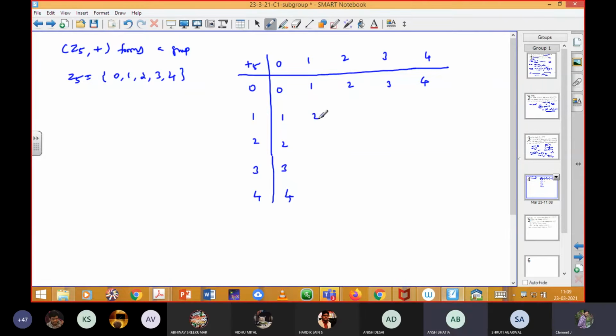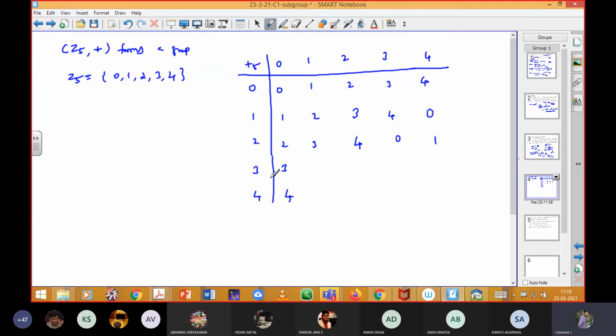So 2. Very good. Next 3, then 4, and then 0. Very good. After this 3, 4, 0, 1. Here 2 plus 4 is 6, and 6 mod 5 is 1 because the remainder is 1.